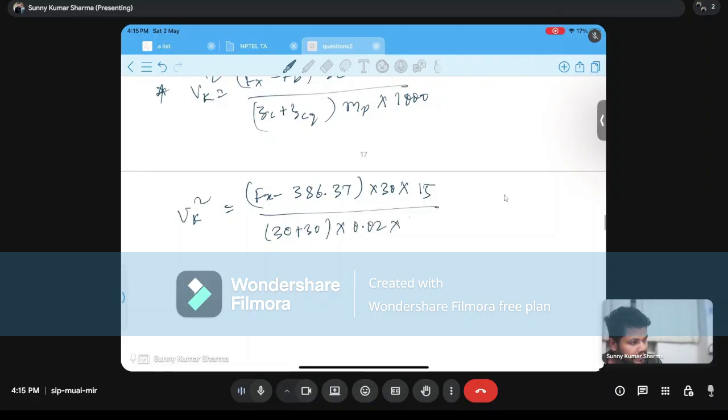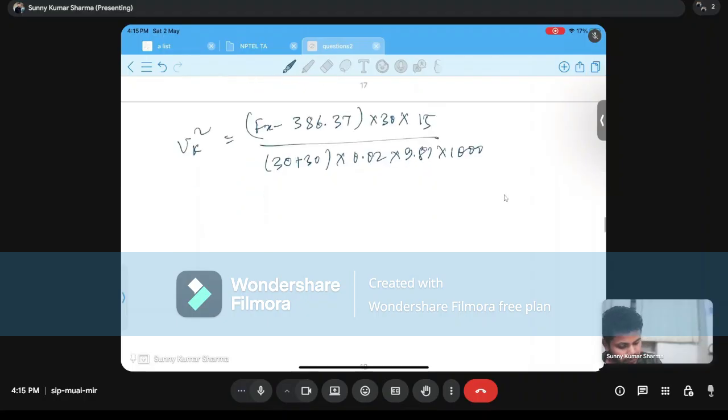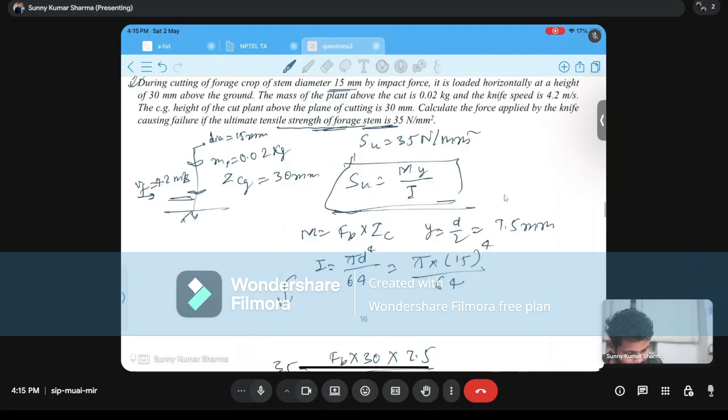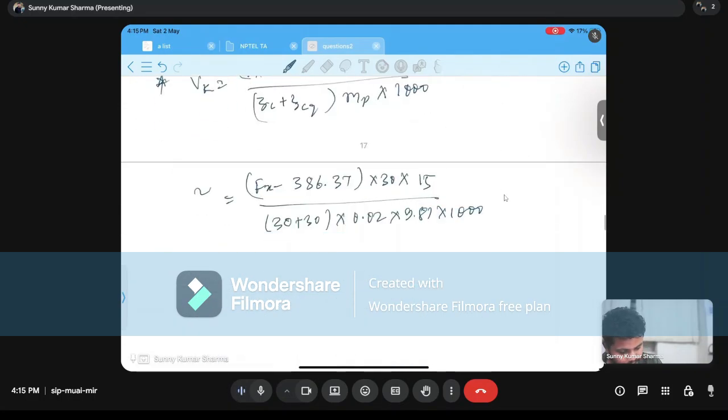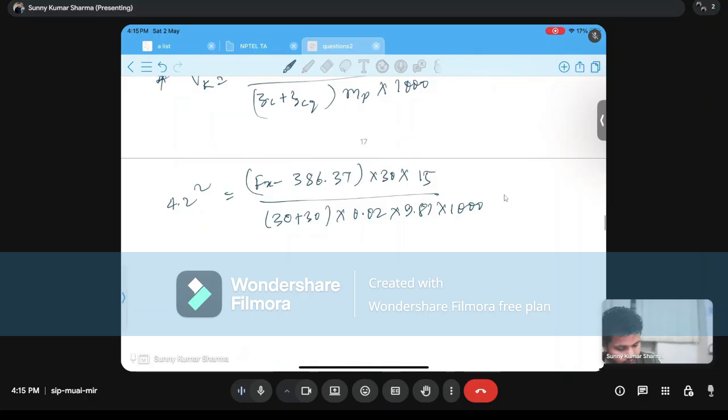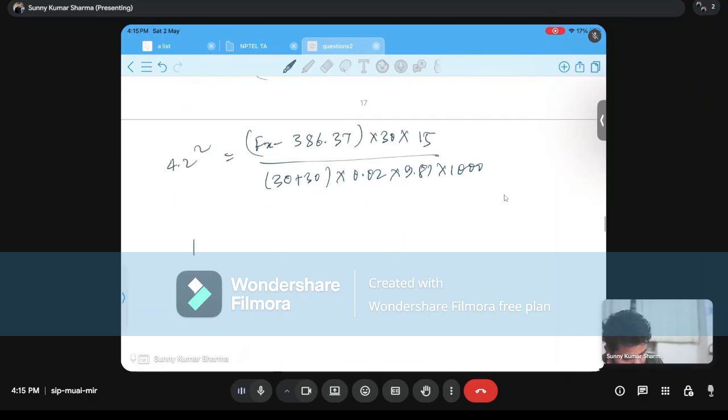We need to convert it in Newton, that is 9.81 into 1000. And Vk is also given. What is the value of velocity at which it is cutting? 4.2 meter per second. So this is 4.2 square. So what will be the value of Fx?